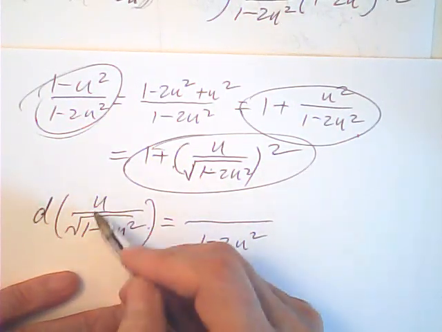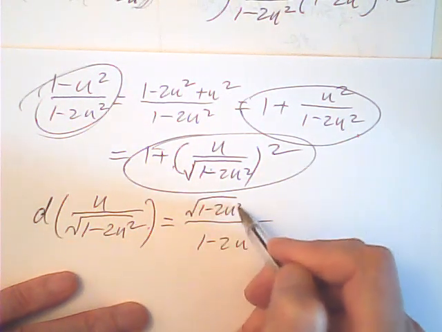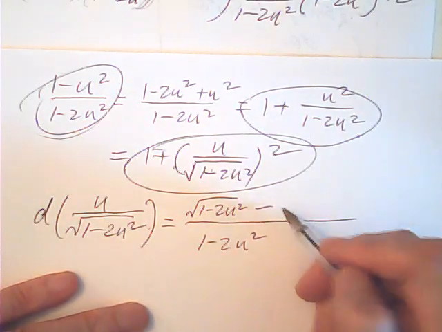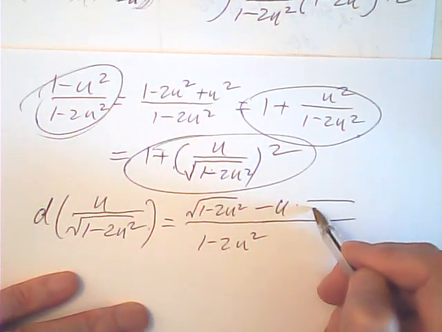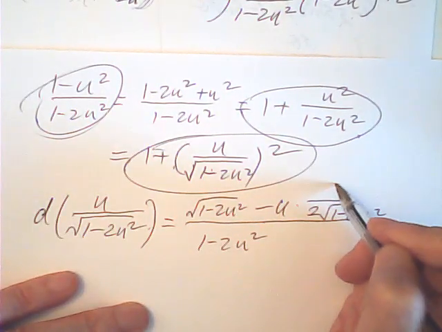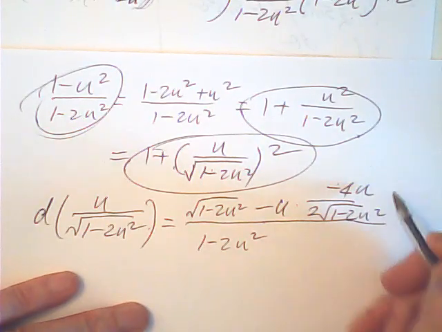The numerator becomes this derivative times this one, minus this times this derivative, which is 1 times this one, is 2 over 1 minus u square times negative 4u.